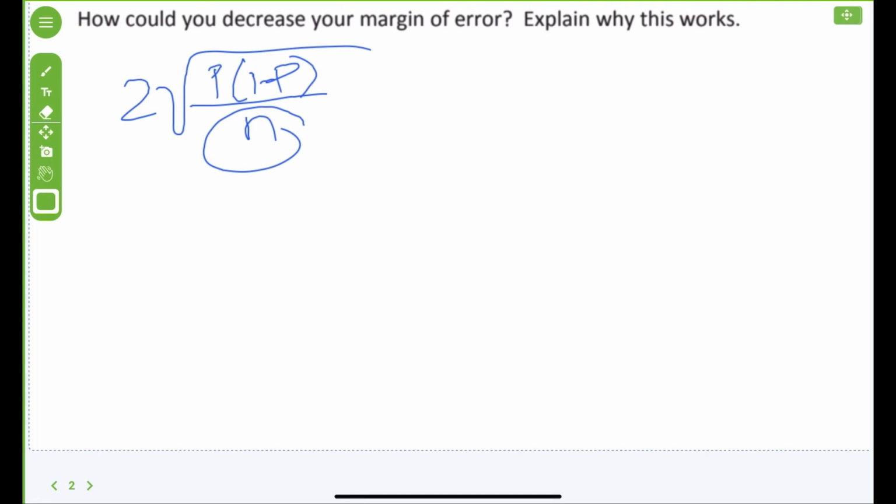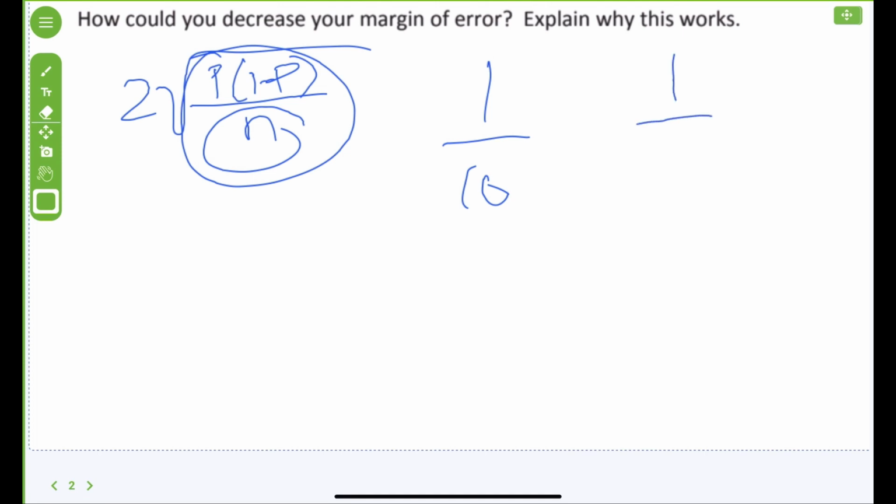As the denominator of a fraction, notice that this is a fraction here, as the denominator increases, what happens to the value of the fraction? It decreases, right? 1/10.